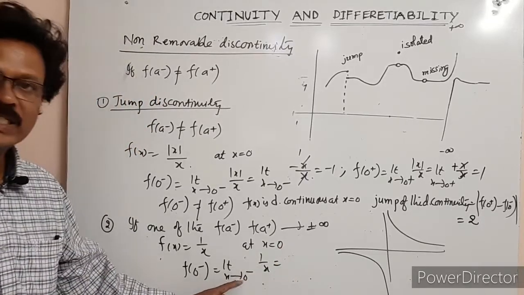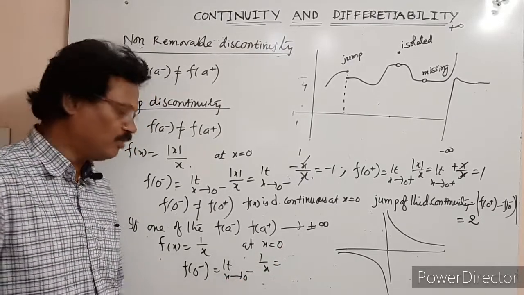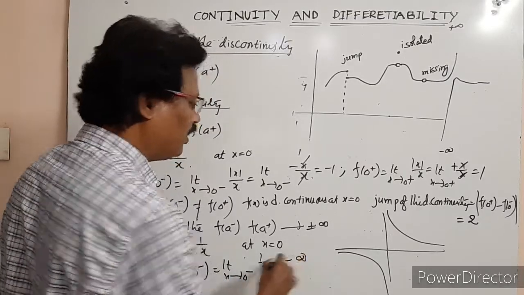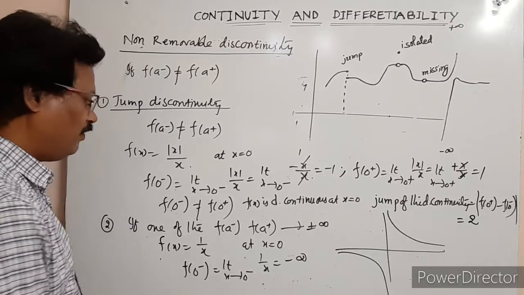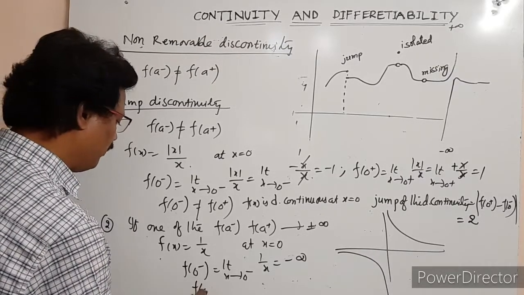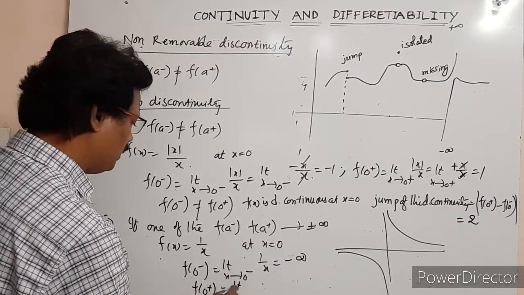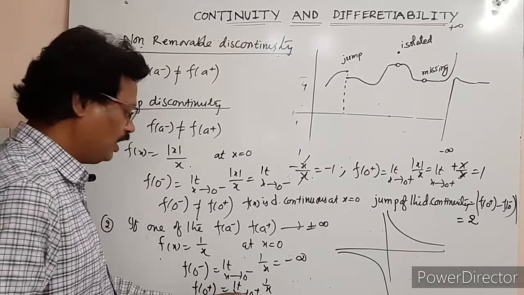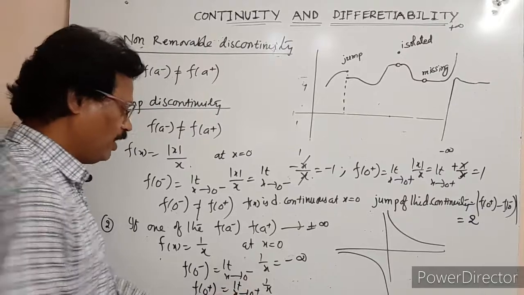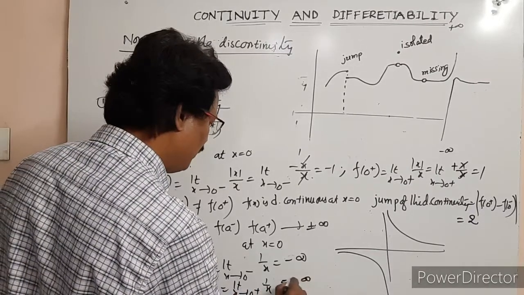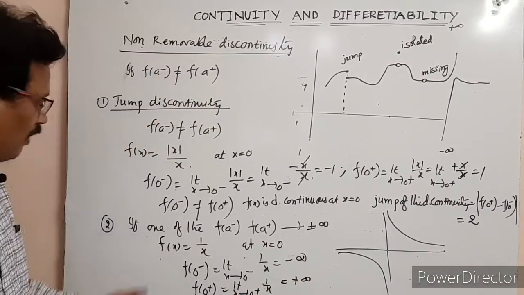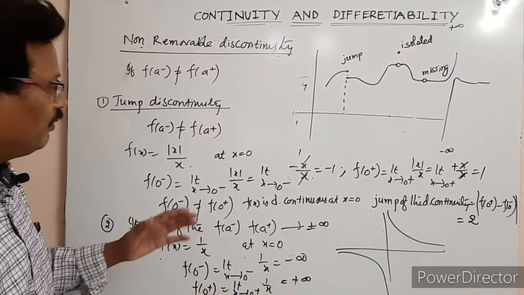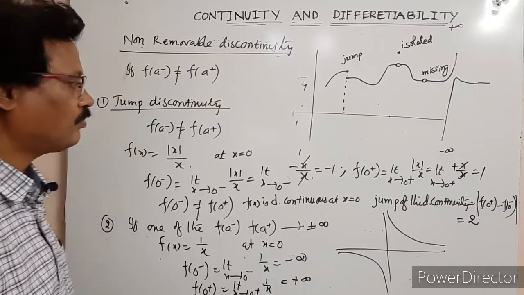Since x is just less than 0, it is a negative number, therefore this is minus 1 by 0, which is minus infinity. The same way, the right limit f of 0 plus, limit as x tends to 0 plus of 1 by x. x is a positive number, 1 by 0 is plus infinity. Therefore if one of the limits tends to either plus infinity or minus infinity, then that function is discontinuous.